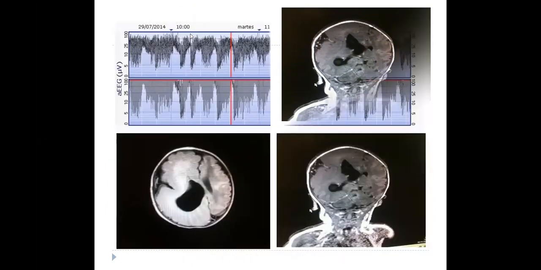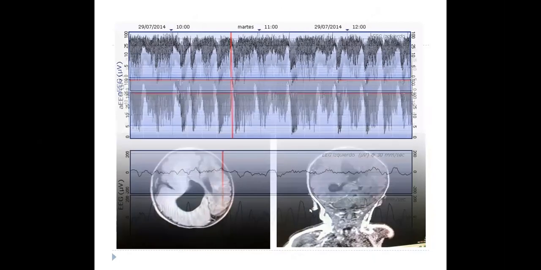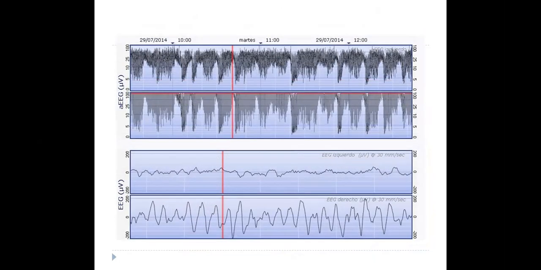But in this case, it's very important to make the difference in the raw EEG. You can see that the main seizure generator is the right side, not the left side.